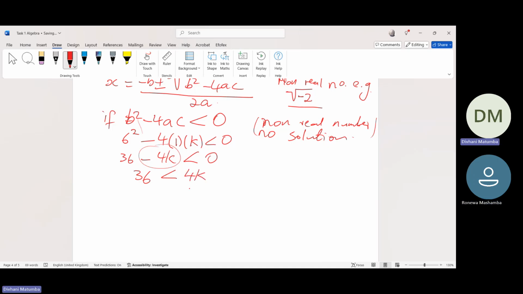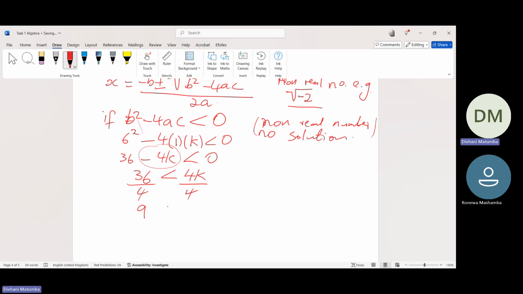Okay, now we have the following. 36 is greater than 4k. So in order to get the value of k, what do we do? You divide both sides by 4. Perfect. So 36 divided by 4 is how much? 9.